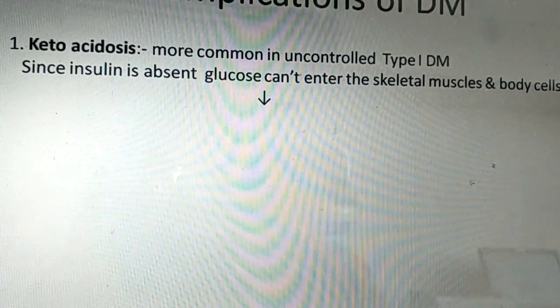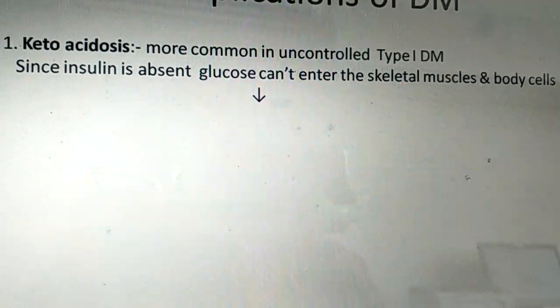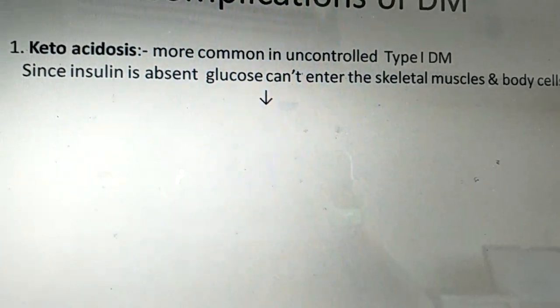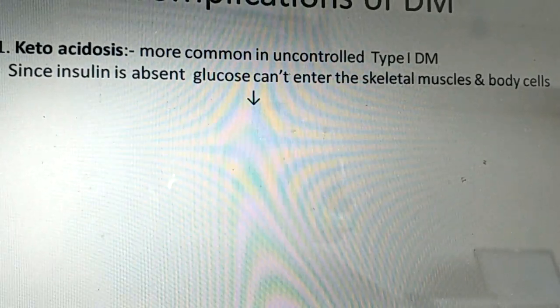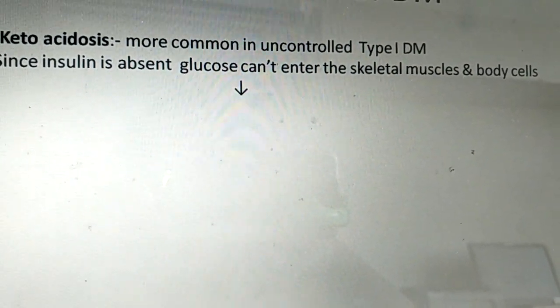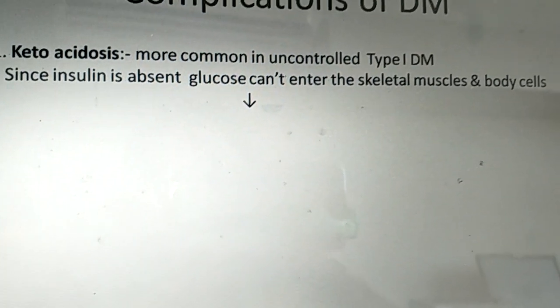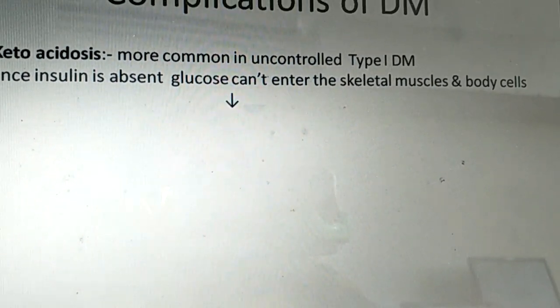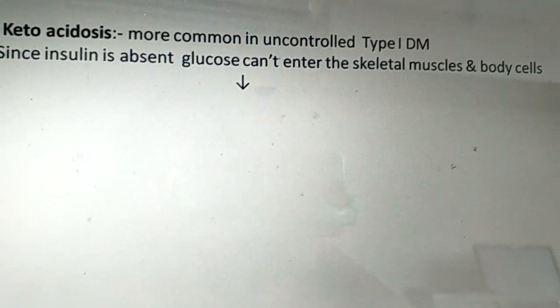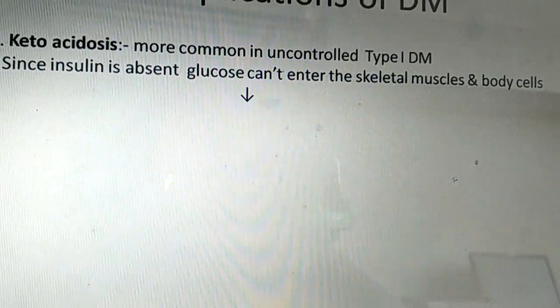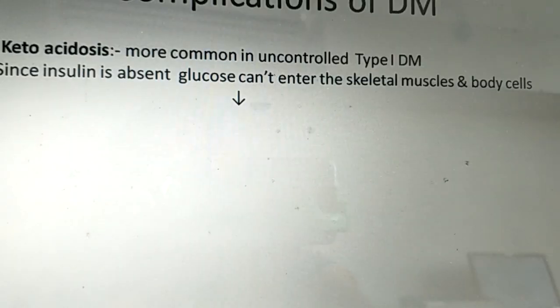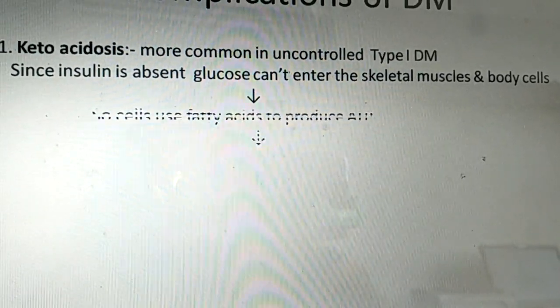Beta cells are destroyed by immune mechanisms. The major function of insulin is to transport glucose from the plasma into the cell. So when insulin is not there, glucose cannot enter the cell, especially skeletal muscles and body cells.